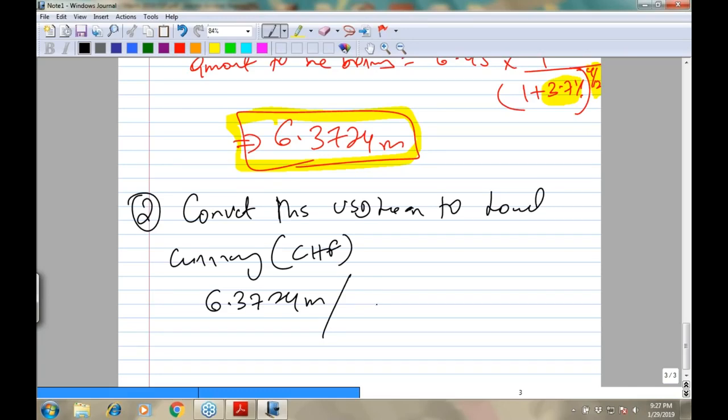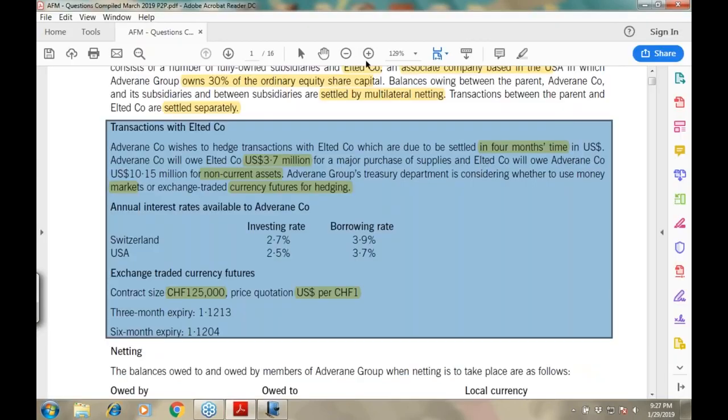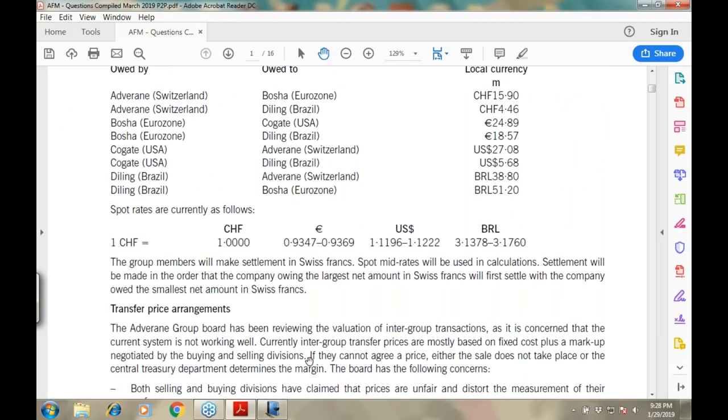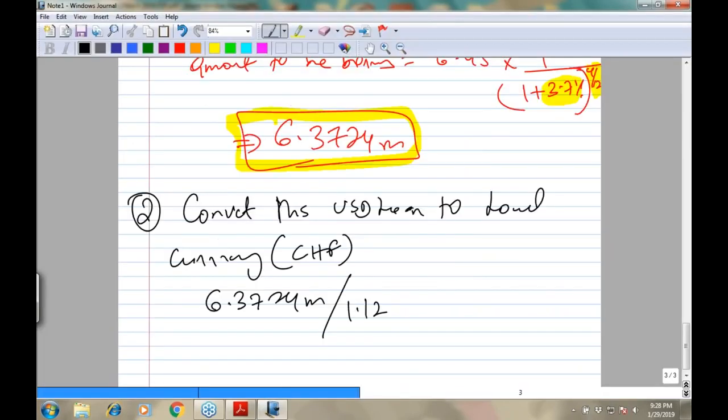Are we being given the spot exchange rate? If you look at this part of the question, you are being given the spot exchange rate here, 1.196 to 1.1222. So we are going to use 1.122. How much CHF are we going to receive? Can somebody please confirm?